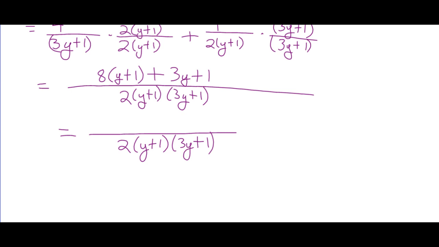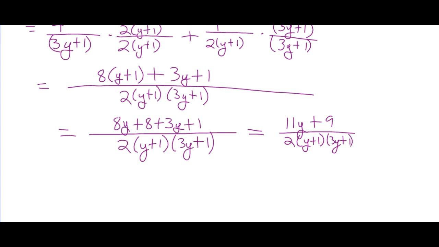Okay, and then we've got 8y plus 8 plus 3y plus 1 gives me 11y plus 9 over, and again, right, denominator is just along for the ride. Nothing factors up top. There's no point. You know, this is it. You're done.